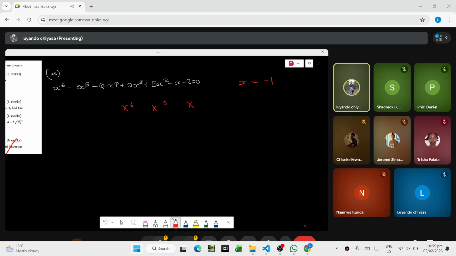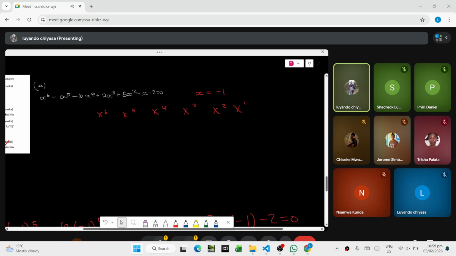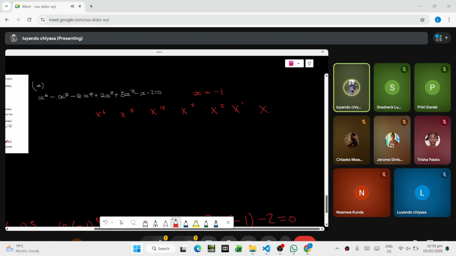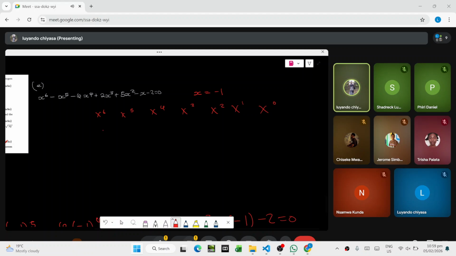And using synthetic division, we're going to write x to the power 6, x to the power 5, x to the power 4, x to the power 3, x to the power 2, x to the power 1, x to the power 0, and we write the coefficients. This one has a coefficient of 1, this one negative 1, this one negative 4, this one 2, this one 5, this one negative 1, this one 1, this one negative 2.